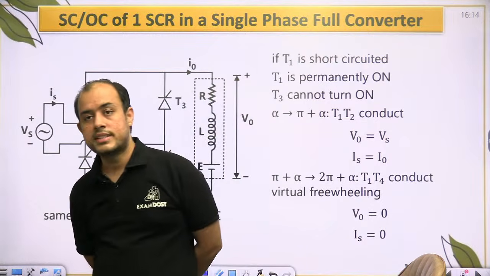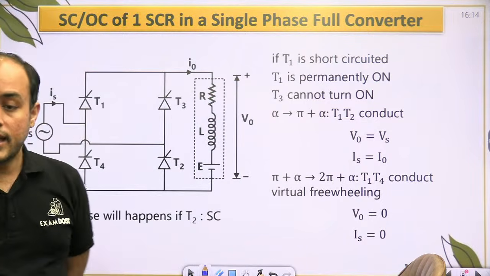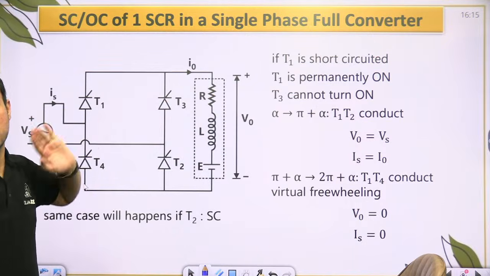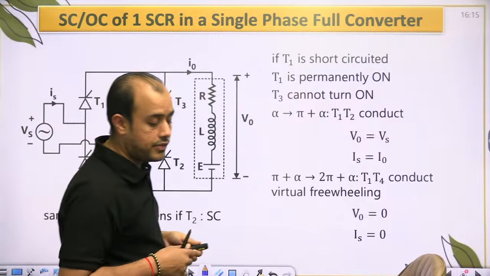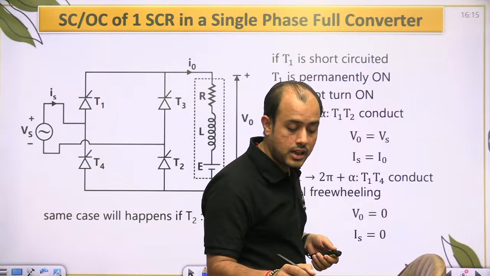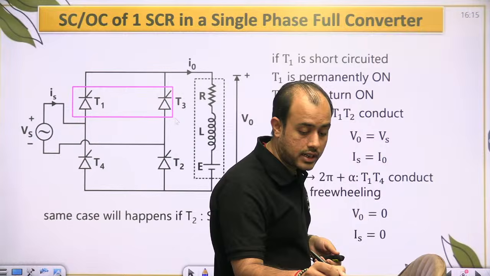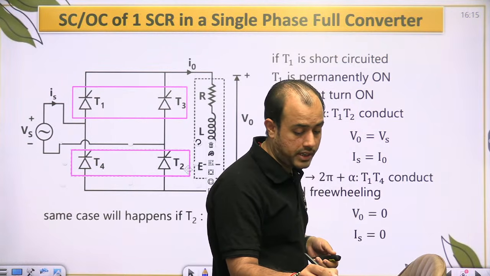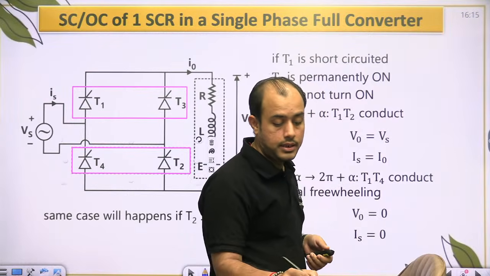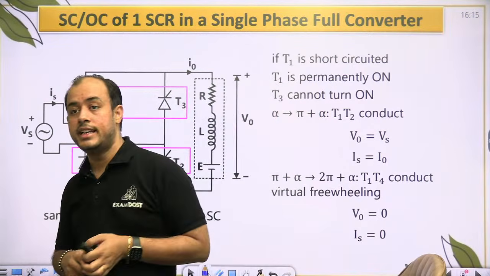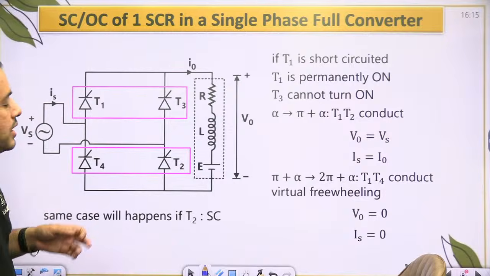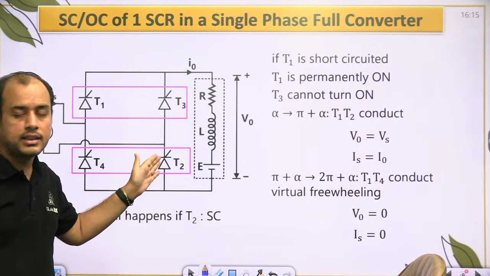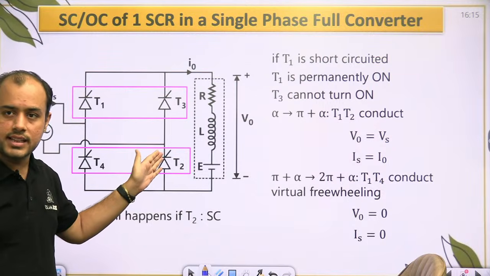Now suppose T1 is short circuit. If T1 is short circuit, beta, T3 cannot turn on because in one group of devices only one thyristor will conduct. So if T1 is short circuit, T3 can never be on. Now from alpha to pi plus alpha T1 T2 conduct, so V0 is Vs, Is is I0.